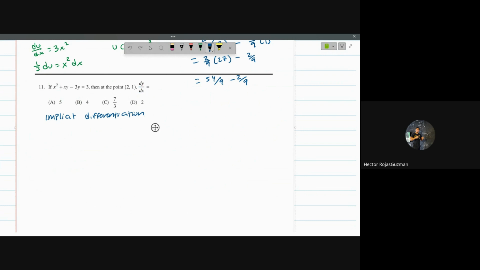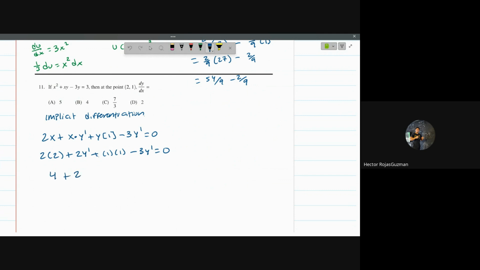So like this: 2x plus the first times the derivative of the second, plus the second times the derivative of the first, minus 3 times the derivative of y is equal to 0. Because we are plugging in a point, I'm not going to worry about simplifying. I'm going to plug it in right now: 2 times 2 plus 2y prime plus 1 times 1 minus 3y squared y prime is equal to 0.